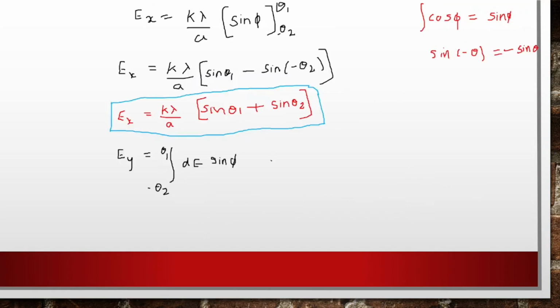So we get it as integral of minus theta 2 to theta 1 k lambda by a sine phi d phi. So we can take this k lambda by a out, and integral of sine phi is equal to minus cos phi.